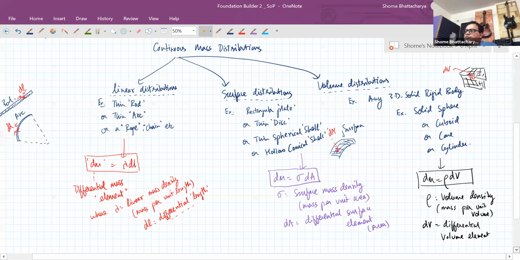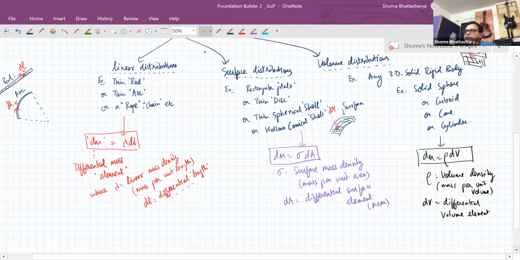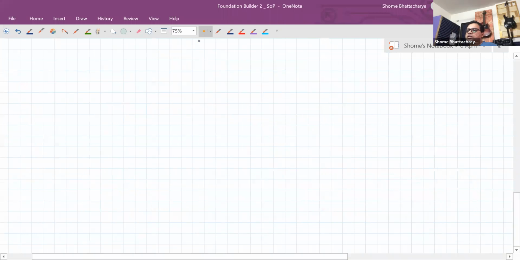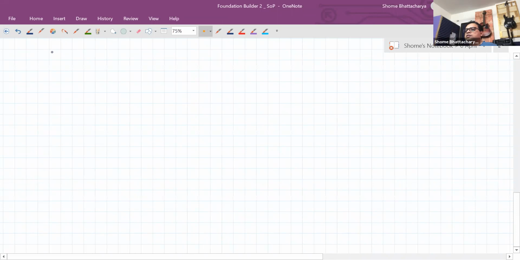Okay, so let's start with examples of linear distributions. So one example we had already seen last time, the thin rod, that kind of thing, which had non-uniform linear mass density. So let's move on with more examples. Sir, could you just scroll up?